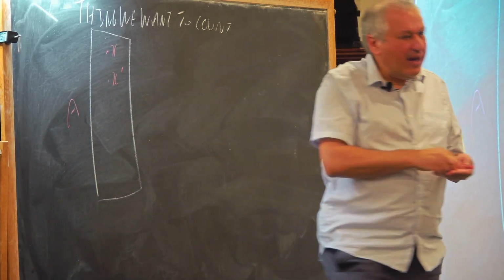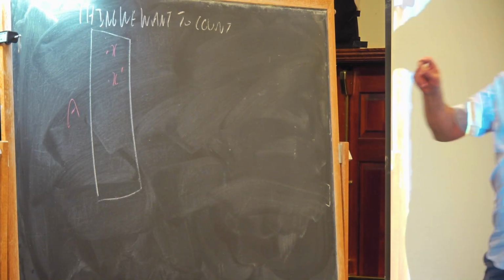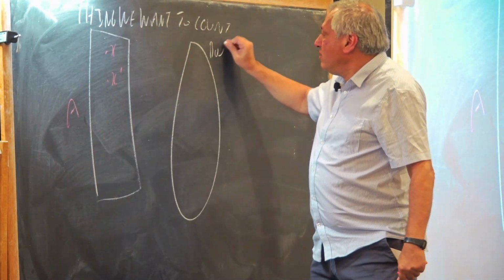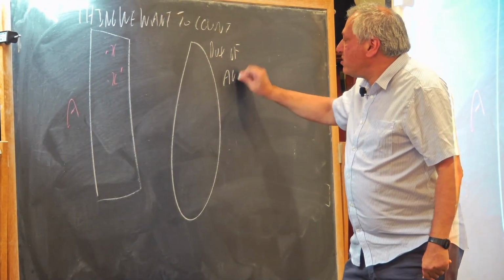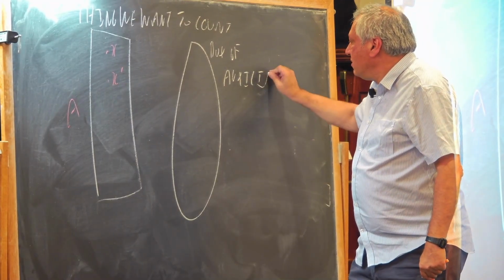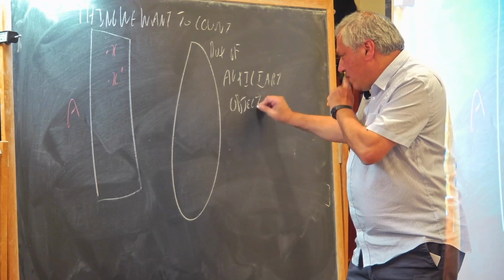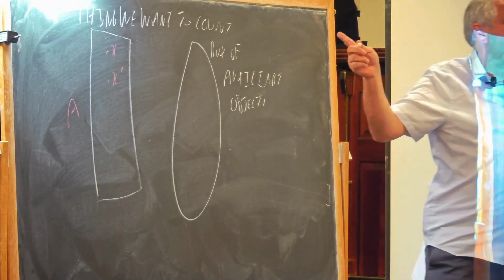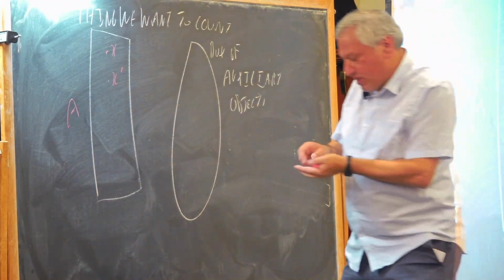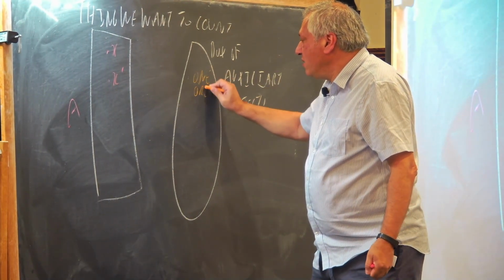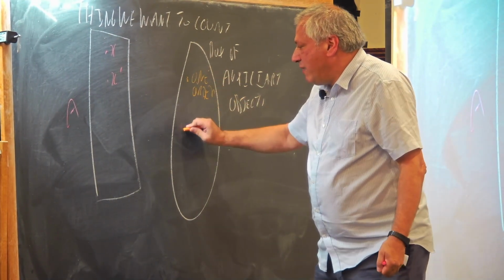And the way we counted it, in fact, we said, let's invent a big box of auxiliary objects, which happen to be cyclic orders. So here there was one order, here is another order.